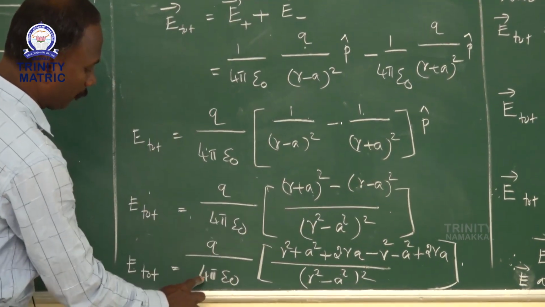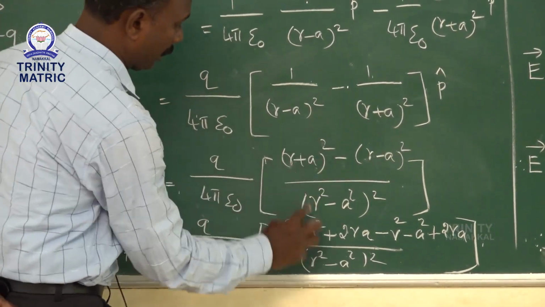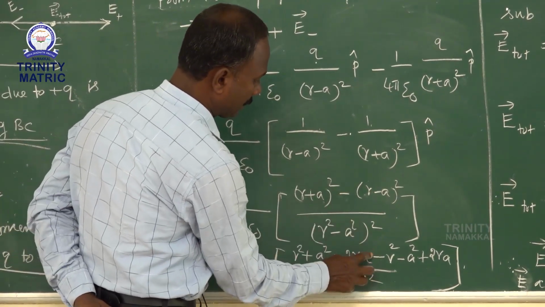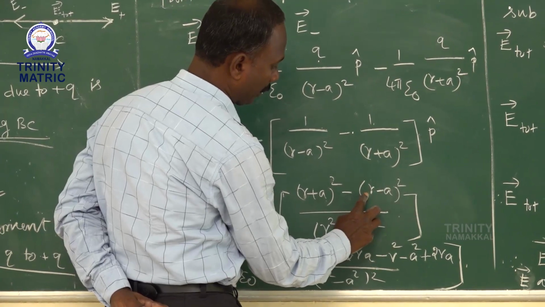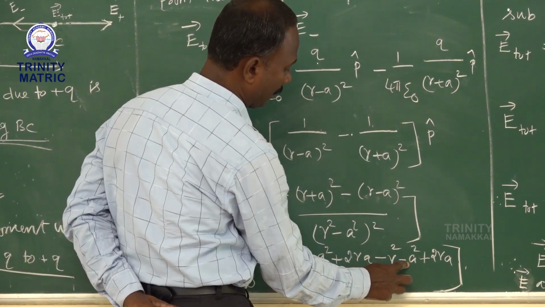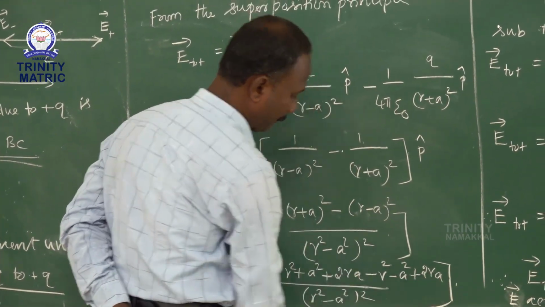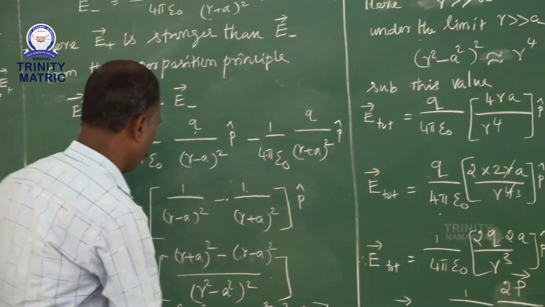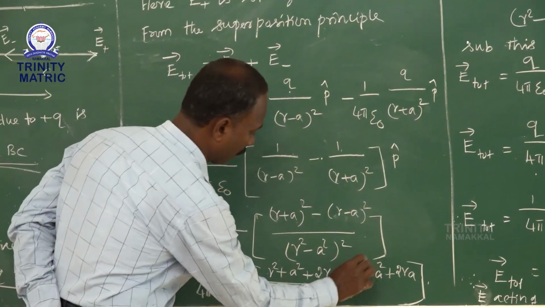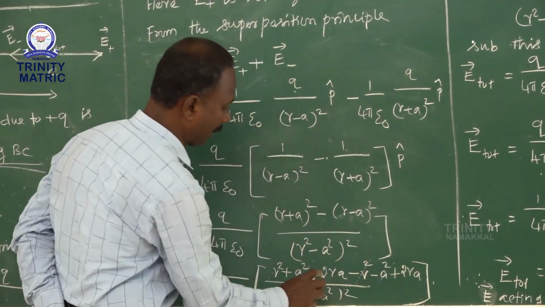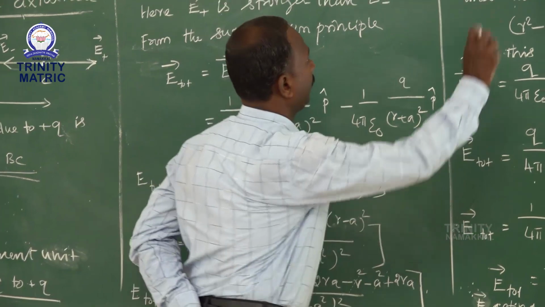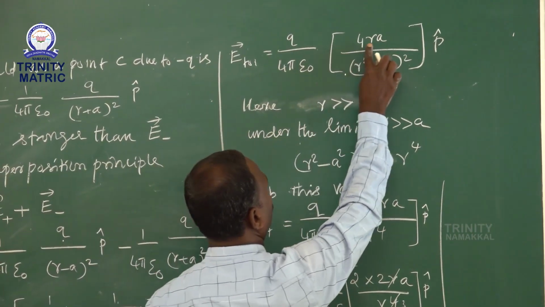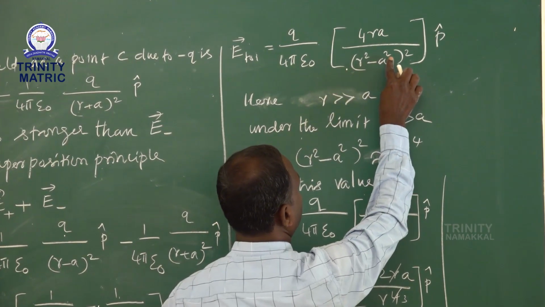Expanding, we get Q by 4 pi epsilon naught times R square plus A square plus 2RA minus R square plus A square minus 2RA, over (R square minus A square) whole square. Cancelling R square and A square, we get 2RA plus 2RA. So E total is equal to Q by 4 pi epsilon naught 4RA by (R square minus A square) whole square into P cap.